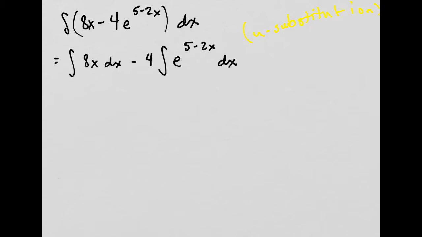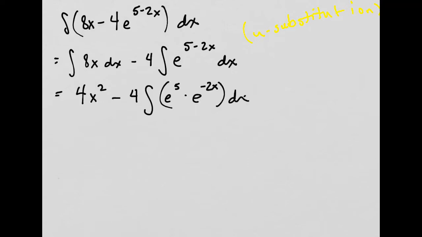So instead, what we're going to do is rewrite this. We can split this across that minus sign. I meant to pull that 8 out in the front, but anyway, that antiderivative is going to be 4x squared, and then minus 4 times the integral of e to the 5th times e to the negative 2x dx.